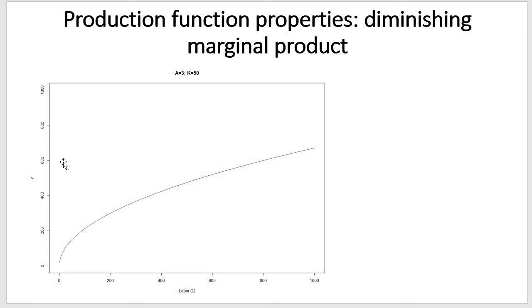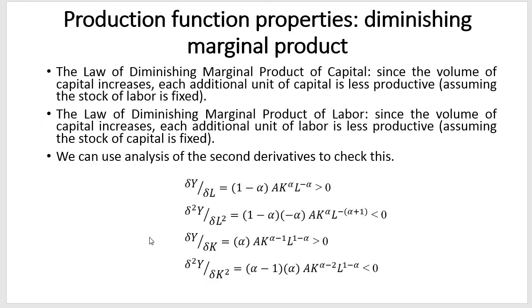So again, the function is increasing, reflecting the positive value of the first derivative. However, the rate of change is decreasing. The function is increasing, but at a diminishing rate, which basically reflects the law of diminishing marginal product of labor, and which was proven here based on the negative value of the second derivative.